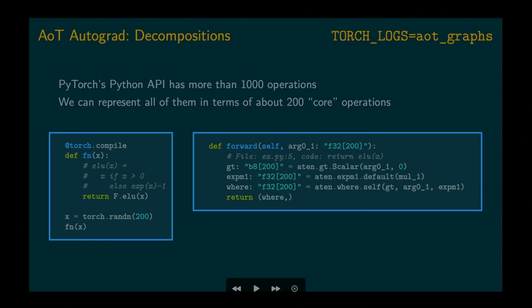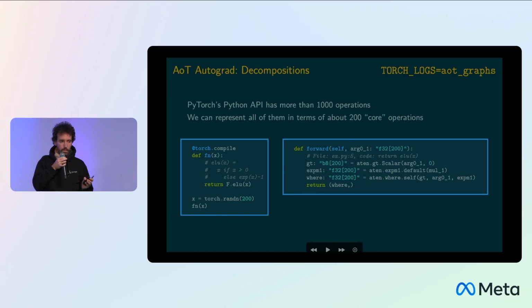When we trace through that, first of all, PyTorch has well over 1,000 or 1,500 operations in it. So it would be absolutely mental to try to write a compiler that knows how to handle all of those. So what we do is decompose all those operations into about 200 that we say are core operations.